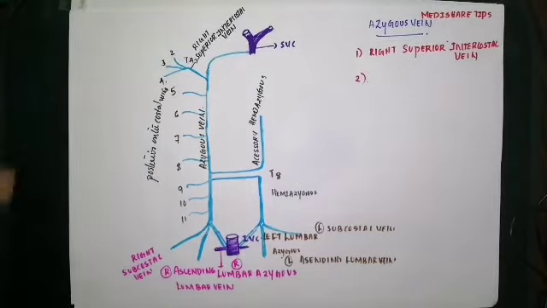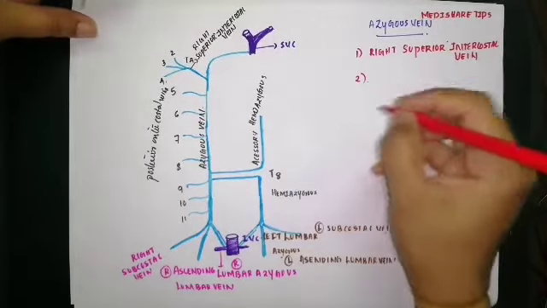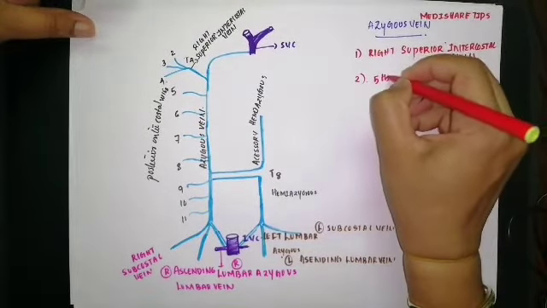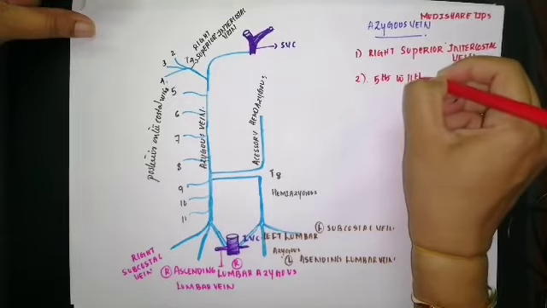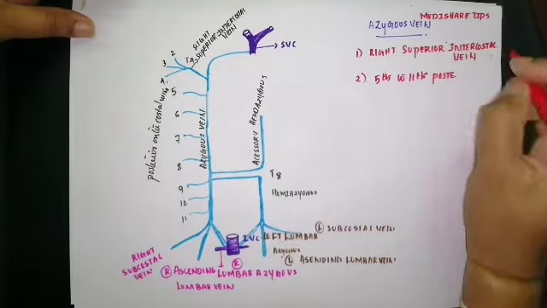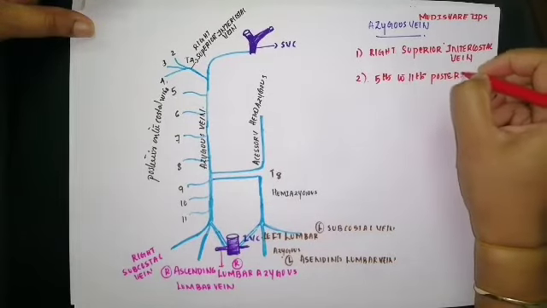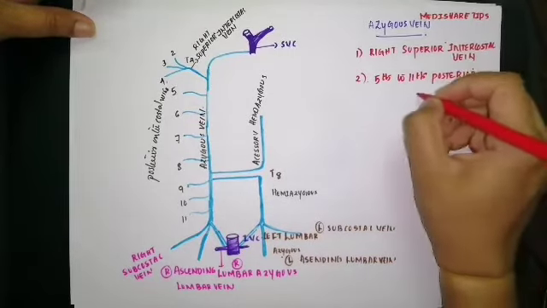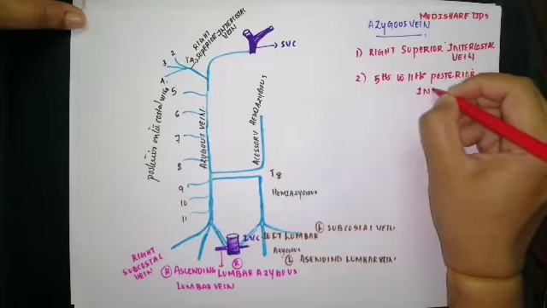So the 5th to 11th posterior intercostal veins are tributaries of the azygous vein.